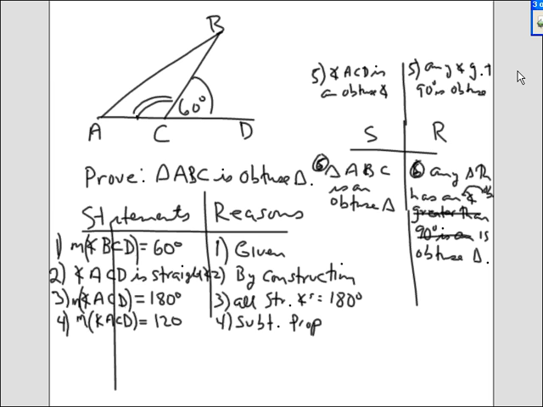Any triangle that has an obtuse angle is in fact an obtuse triangle. Okay, so that's what I want to say. And that's the proof.